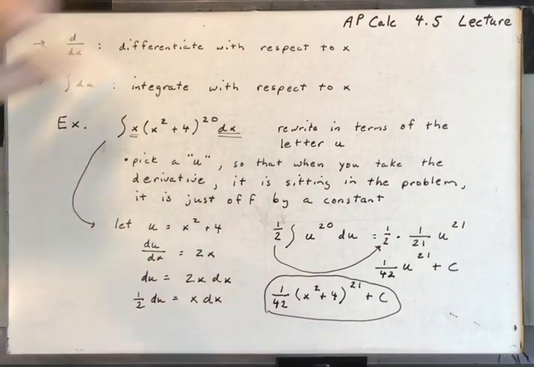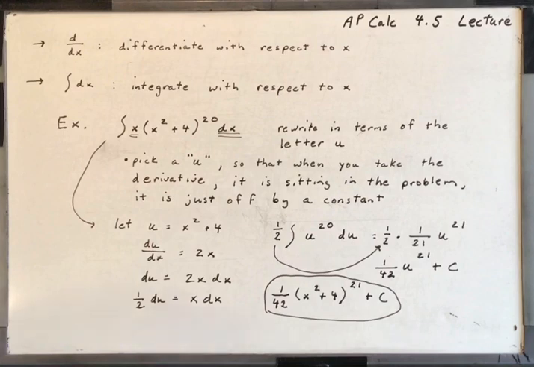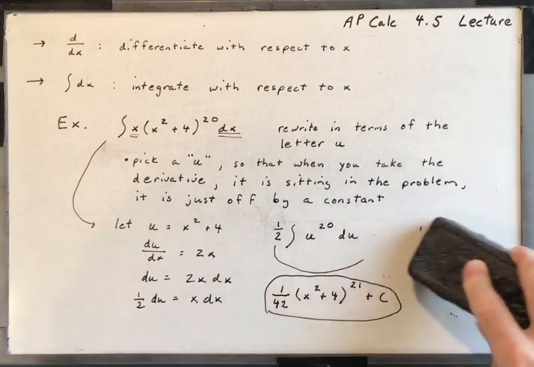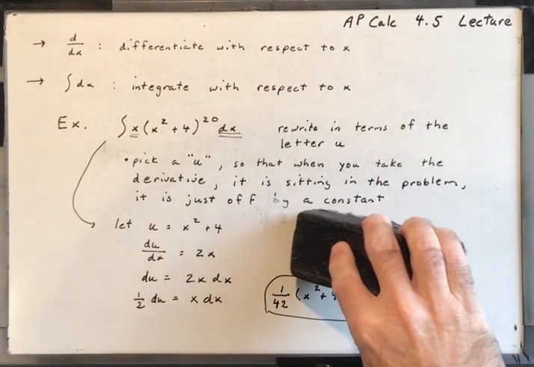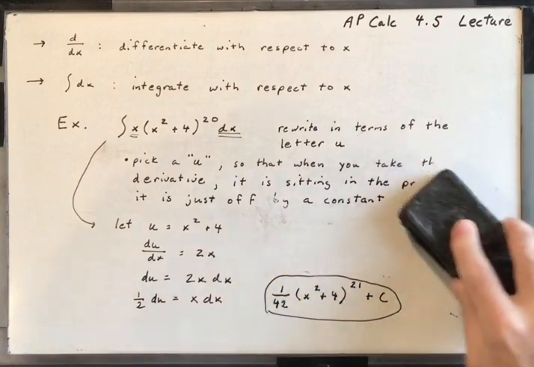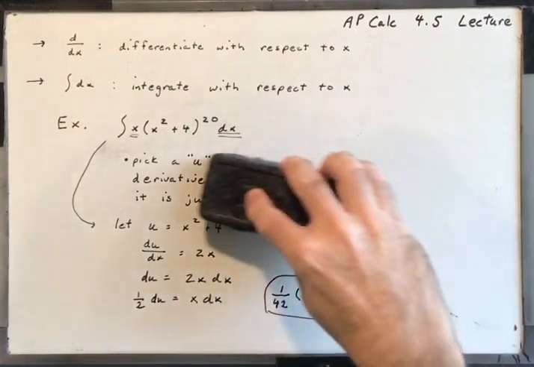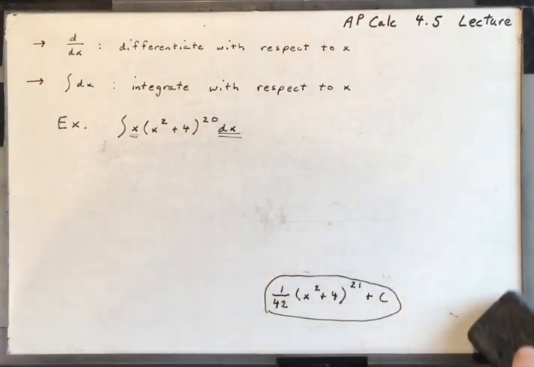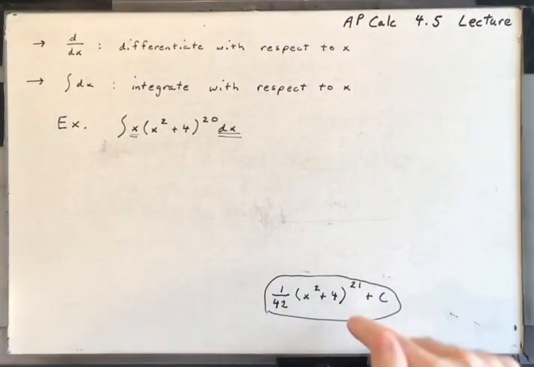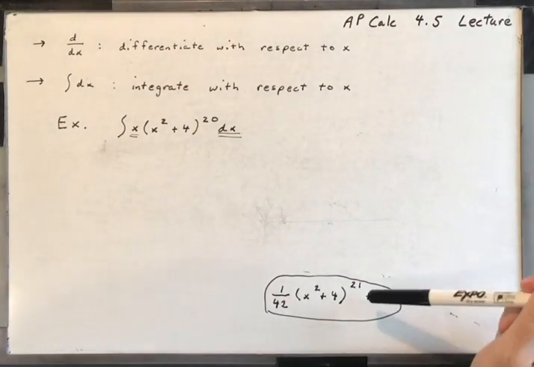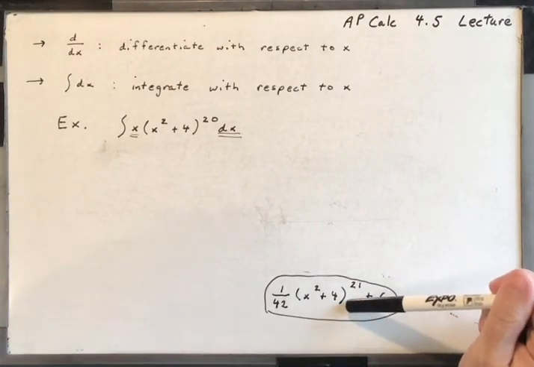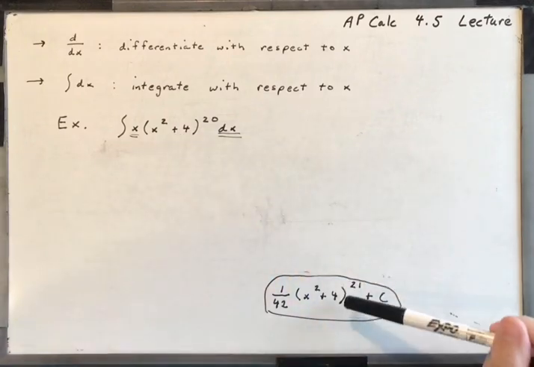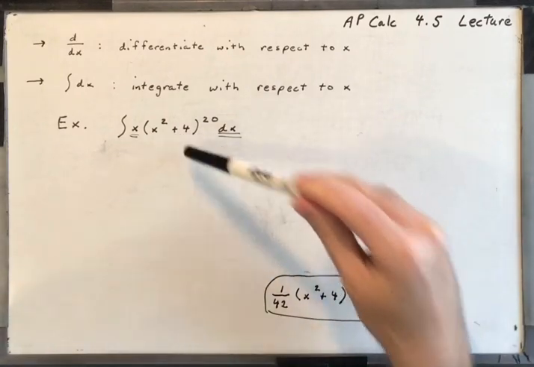Now I'm going to leave that answer there. I'm about to erase all of this because I'm going to prove to you that that's the right answer. Okay, so pause the video if you need to. Okay, so if this is the antiderivative of this, then when we take the derivative of this, we should get that, right?